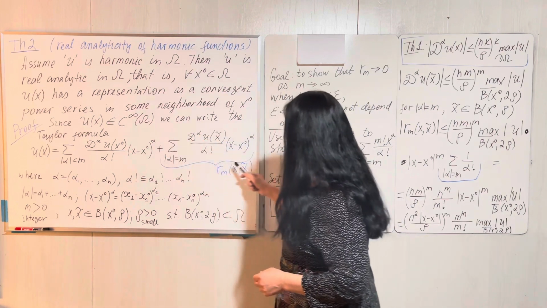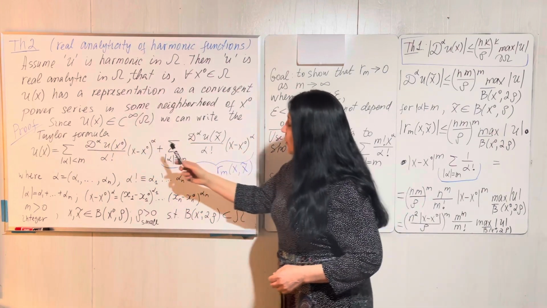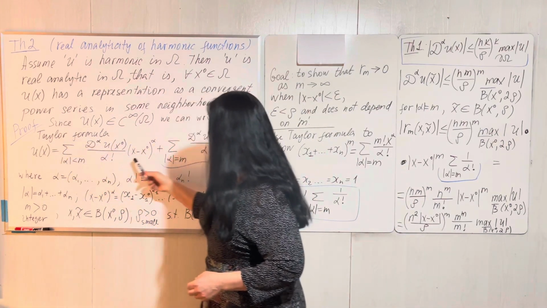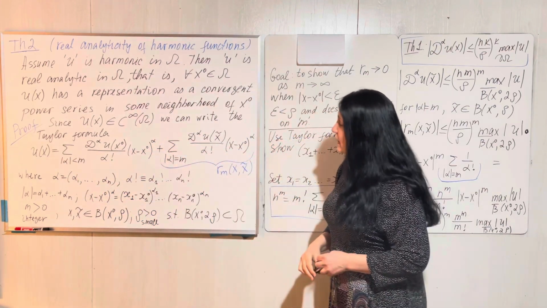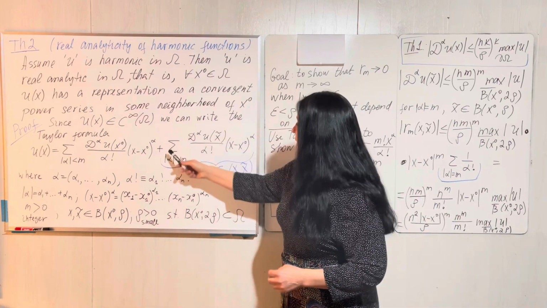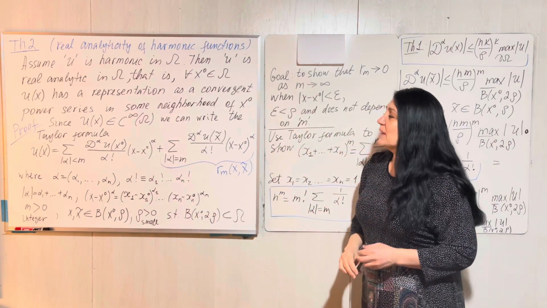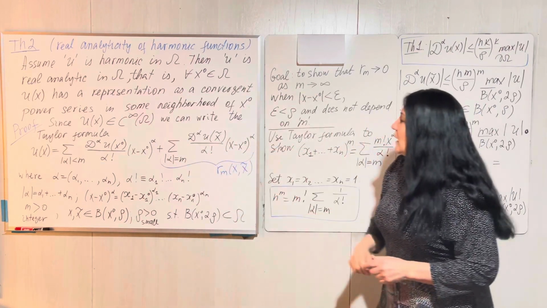I mentioned that this is Taylor formula, so we have here terms of different order, less than order m, and here we have a remainder written in the Lagrange form.